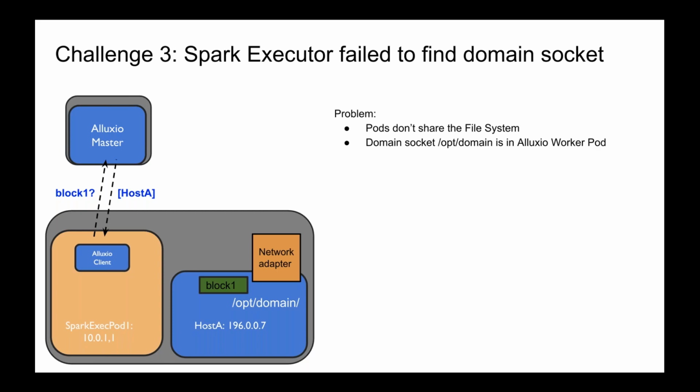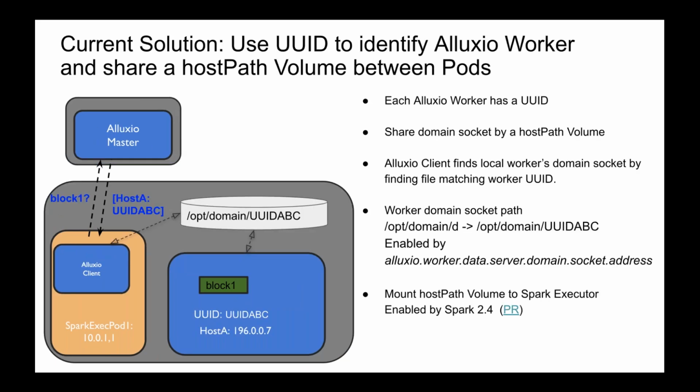How do we solve these two challenges together? The solution, I know it's a bit long, but I will break it up for you. The solution is, first we use a UUID to identify the local Alluxio worker, and then we share a host path volume between the pods to share this domain socket.